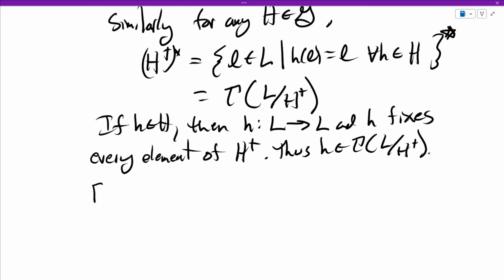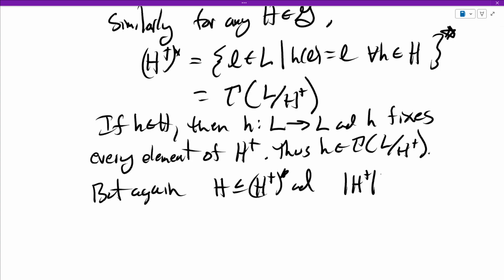But again, we've shown that H is a subgroup of H dagger star, and dagger star preserves order. The order of H dagger star is the order of H. So if I have finite groups, one a subgroup of the other, and they have the same order, they must be equal.